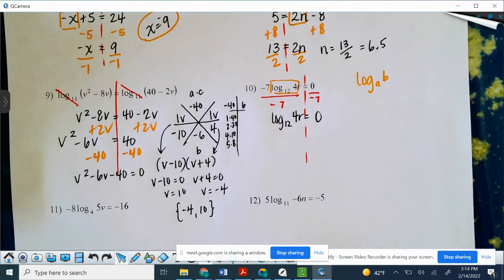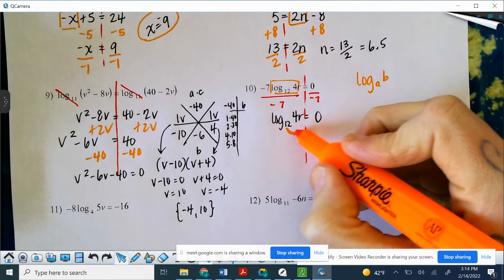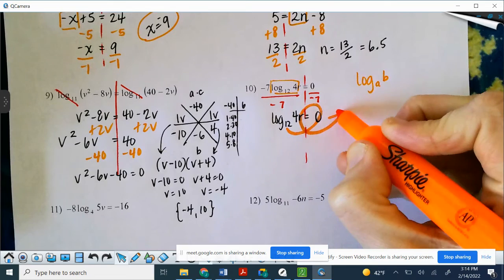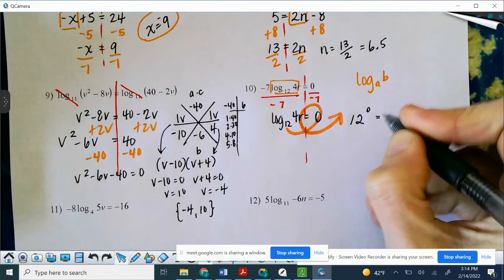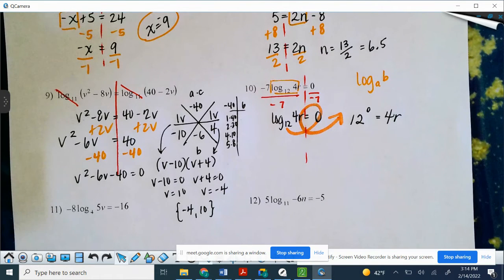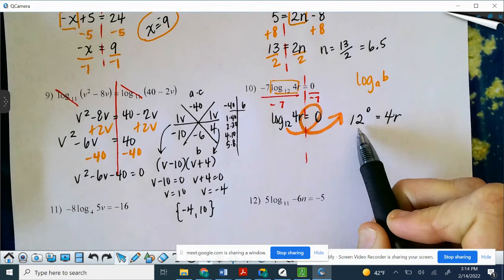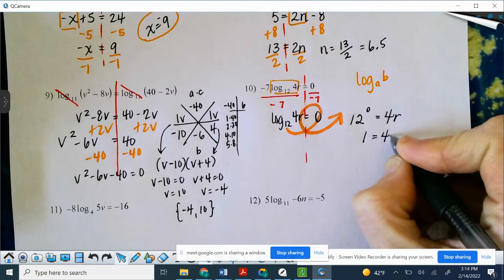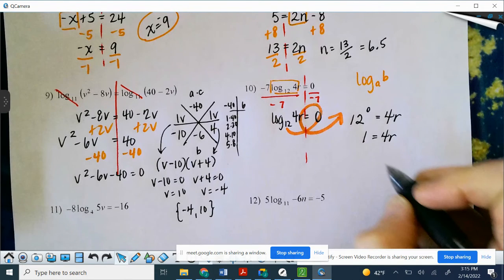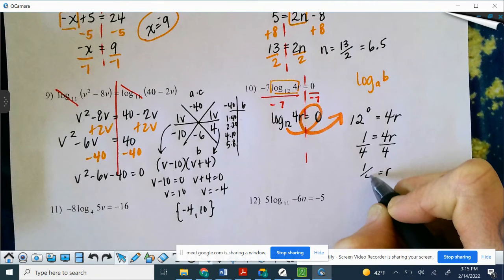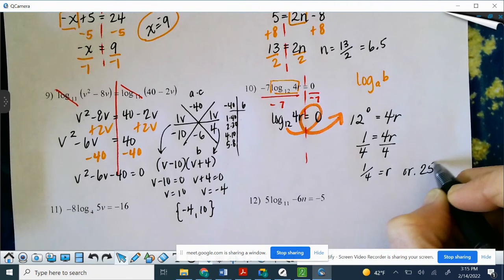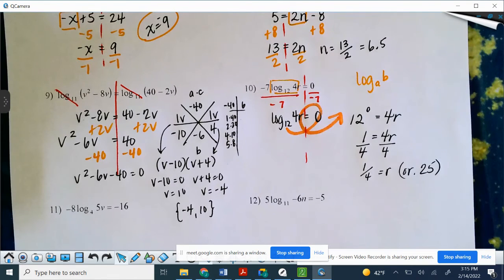So this is where you're going to convert it to an exponential. 12 raised to the 0 equals 4r is how you're going to rewrite it. Anything to the 0 power is 1, so that's 1 equals 4r. We need r by itself, so we divide by 4 on both sides. And r is 1/4 or 0.25, depending on the formatting of the question and the way they want their answers.